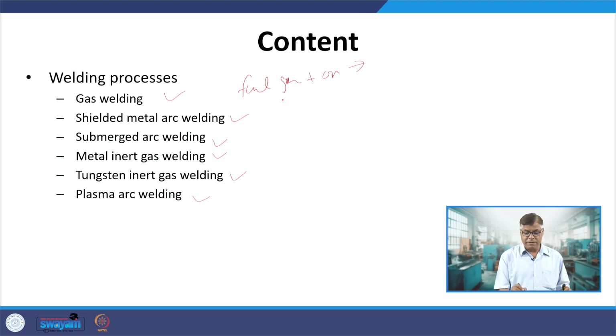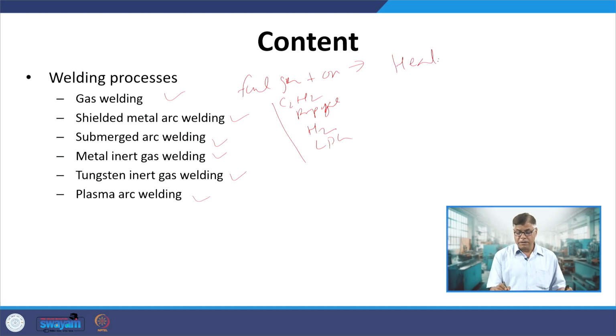This fuel gas can be acetylene, propane, hydrogen, LPG or natural gas. There are multiple types of fuel gases which can be mixed with oxygen for realizing heat through exothermic reactions, and this heat is used for melting the faying surfaces, for fusion of the faying surfaces, for developing the weld joint.